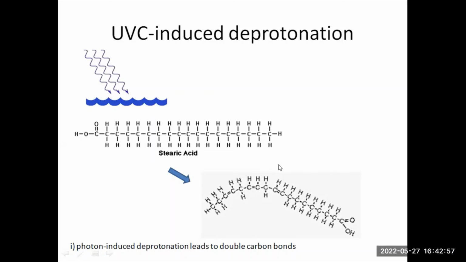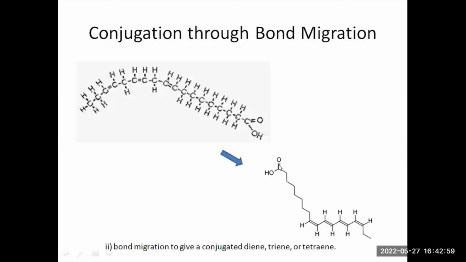But there's a very interesting phenomenon, and that is known as migration of these double carbon bonds. So for example, if we have the double bonds at arbitrary points along the chain, if you give that system enough time, what will happen is that the double bonds will migrate such that they form this conjugated system. Double bond, single bond, double bond, single bond.